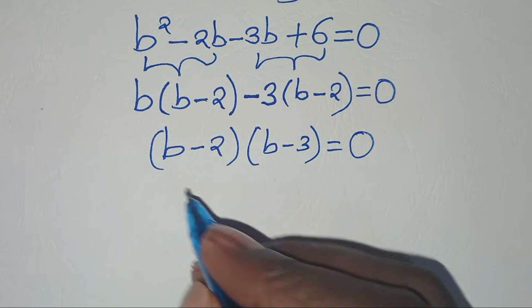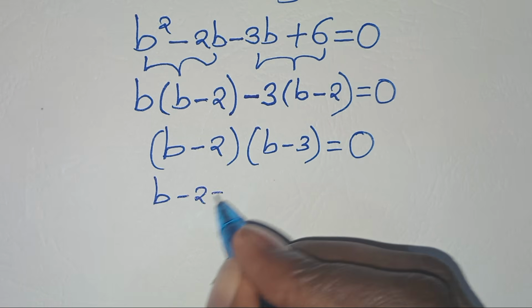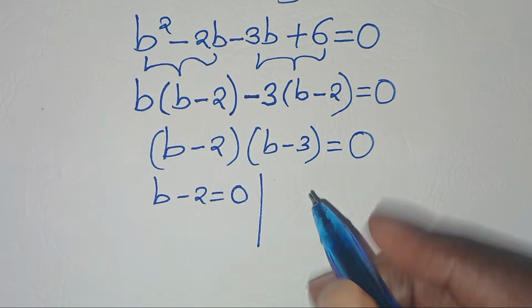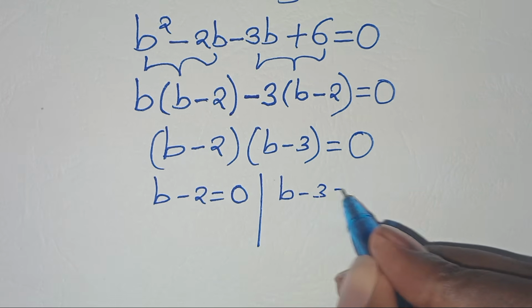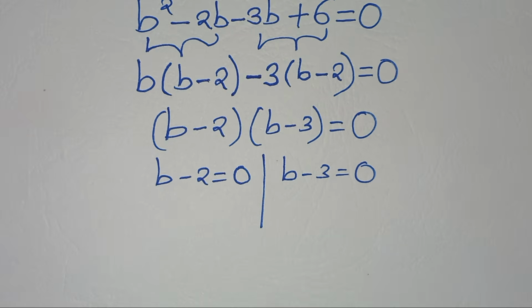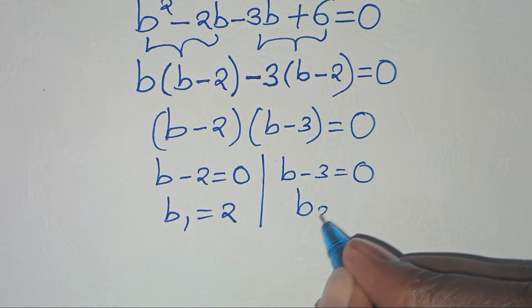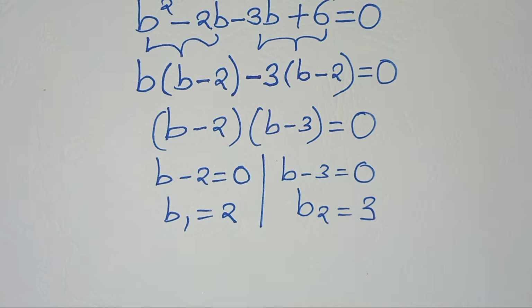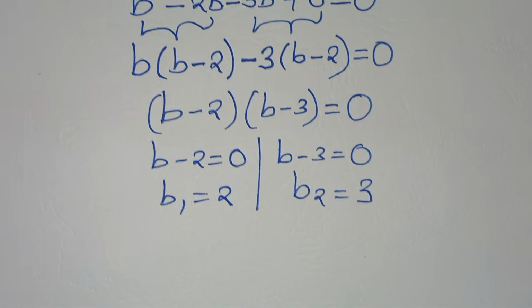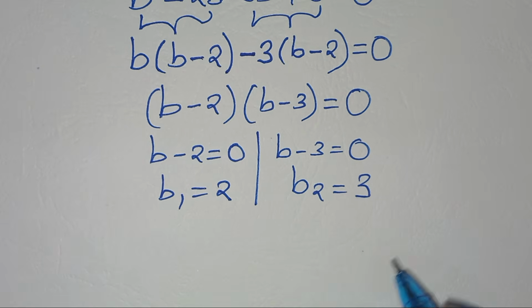So we have b minus 2 is equal to 0 in case 1, and we have b minus 3. This is equal to 0 in case 2. So we have b1 is equal to 2, and we have b2, this is equal to 3. So we can solve for the corresponding values of a.